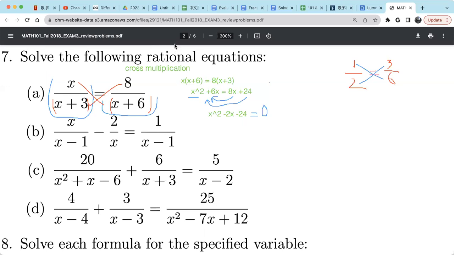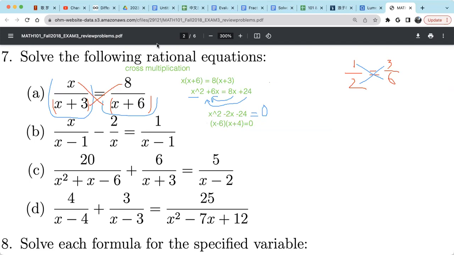Negative 24 can be factored as x minus 6, x plus 4. Because negative 24 equals negative 6 times 4, and negative 6 plus 4 gives us the middle term, negative 2. Equals 0.